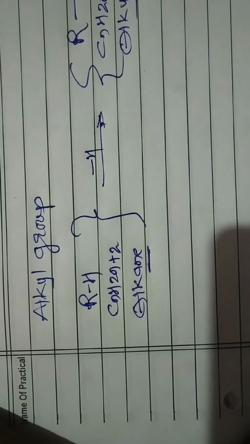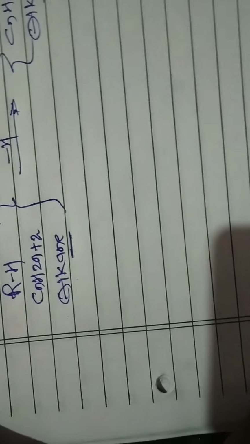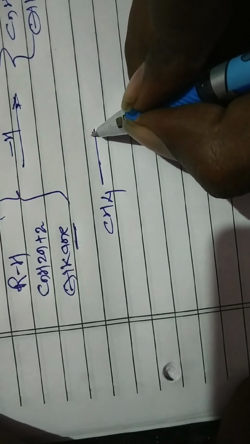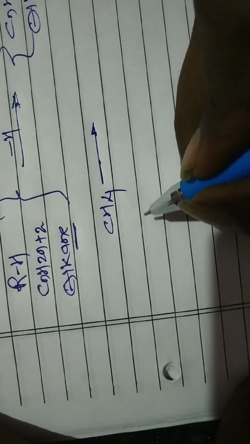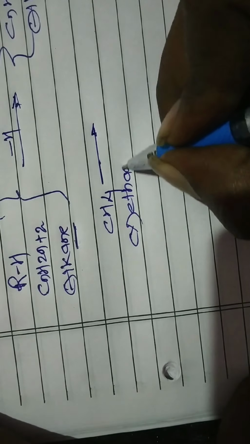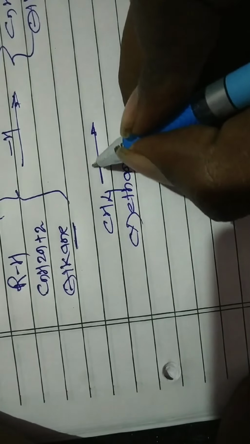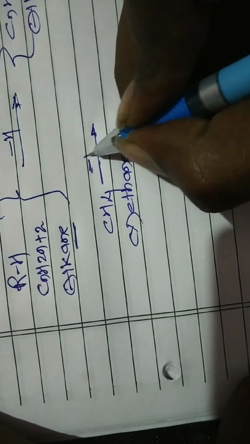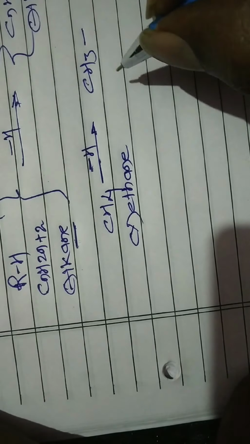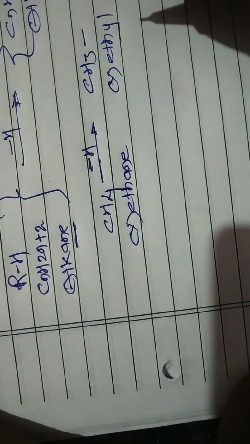You get it? Now, what happens if a hydrogen atom from different alkanes is removed? Let us see the example of methane. When a hydrogen atom is removed from methane, we get the CH3 group, or CH3 radical, known as the methyl radical or methyl group.